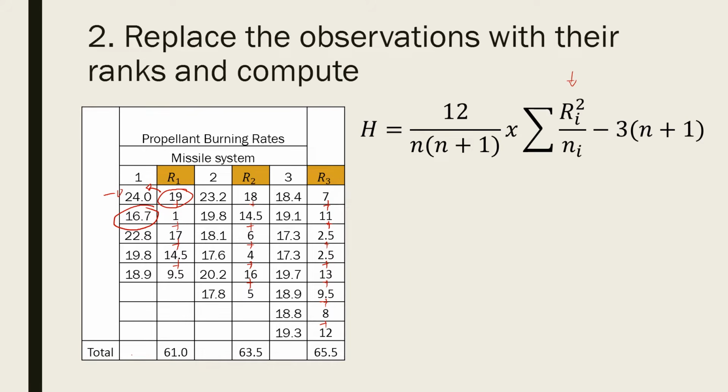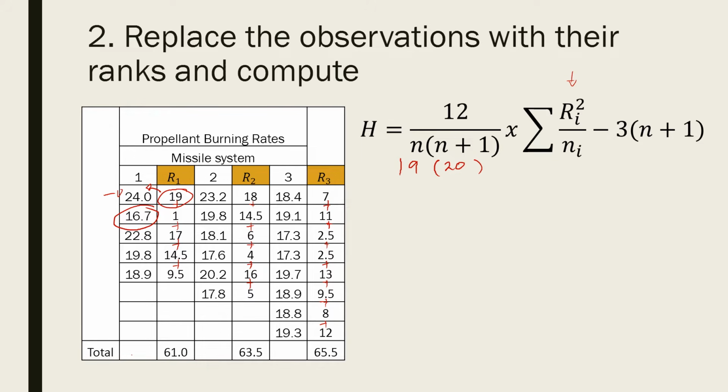So, H is equal to 12, again a constant, divided by N, which is 19, times the quantity N plus 1. I'm going to perform the operation already, so that's 20, 19 plus 1, times the summation of Ri squared.